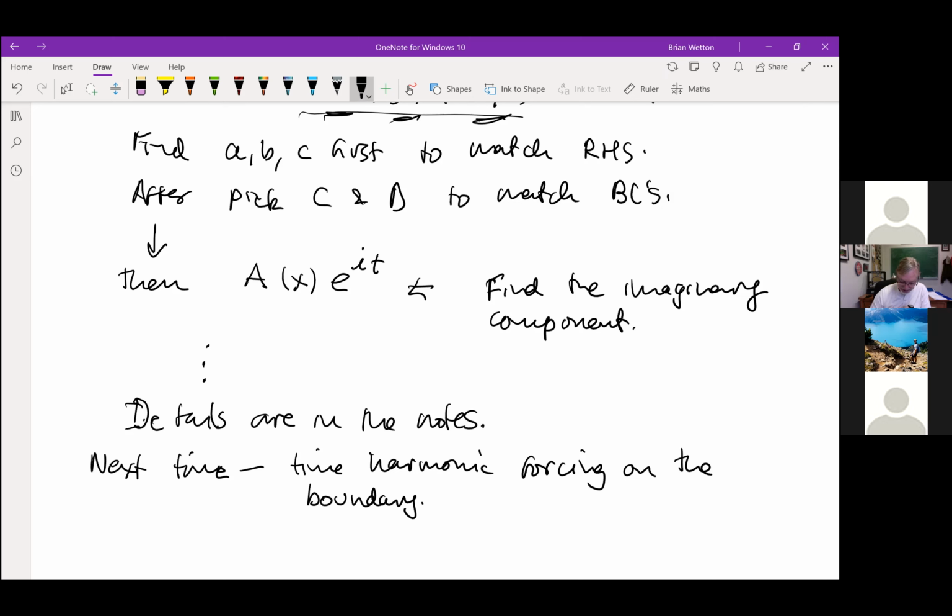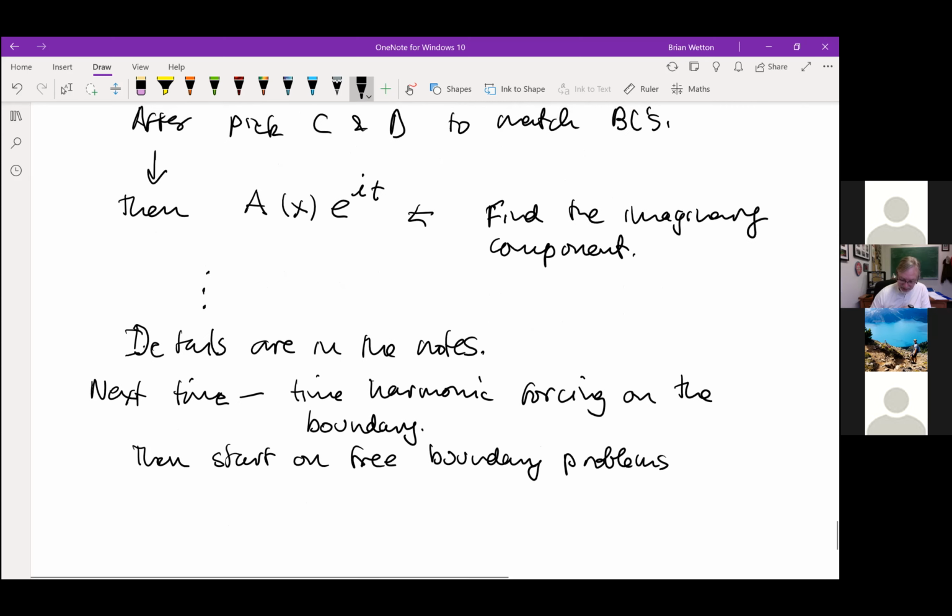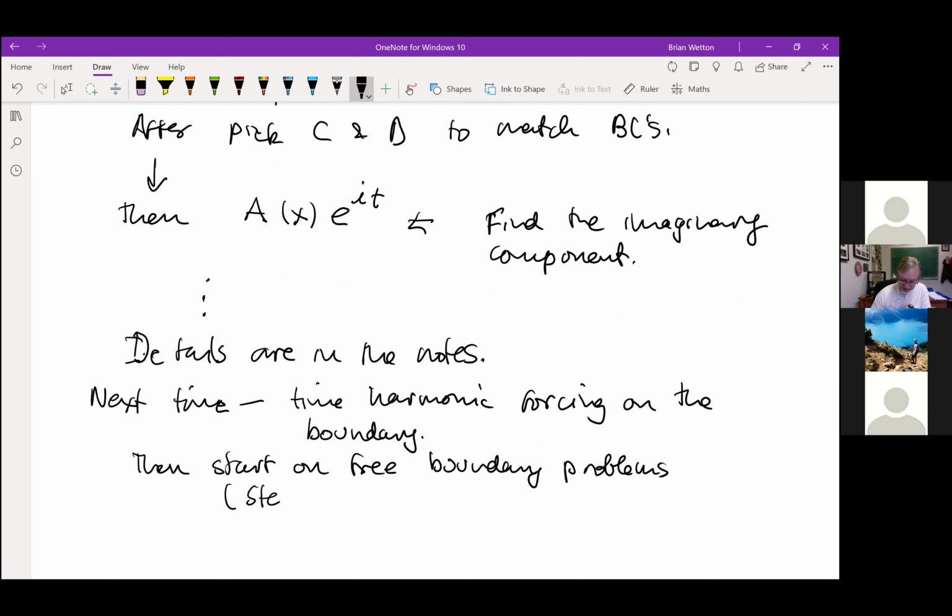And then I don't think that'll take the whole lecture. And then we're going to start on free boundary problems. We'll talk about the Stefan problem, which is the easiest one to start with.